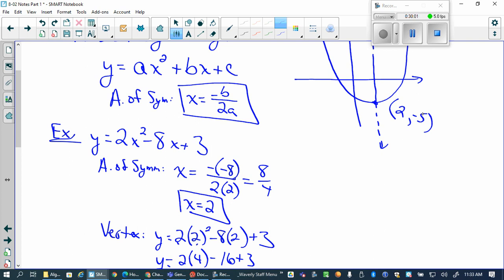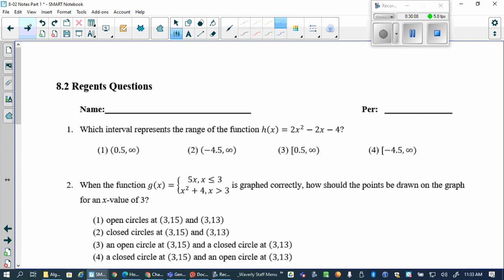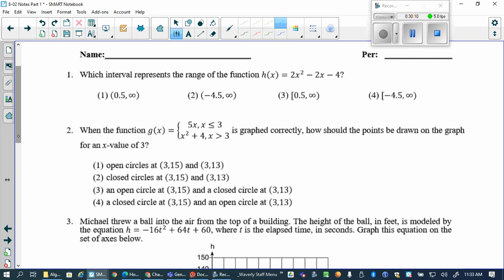All right. Let's set a couple of these reading questions then. All right, read that first one. I want to do this without graphing. You can always throw it in your calculator and figure out how to do it. So they want us to find the what of this function? What is the range of a function?